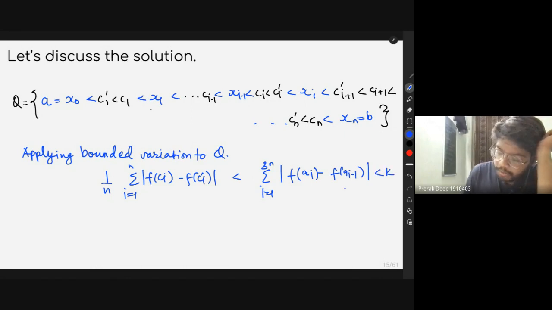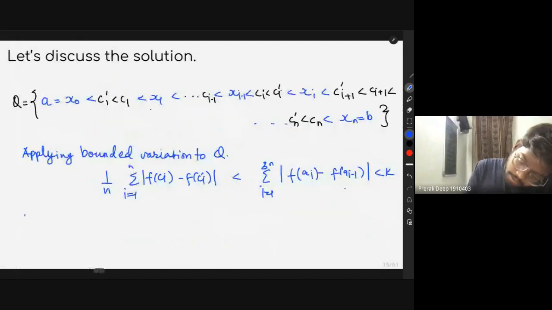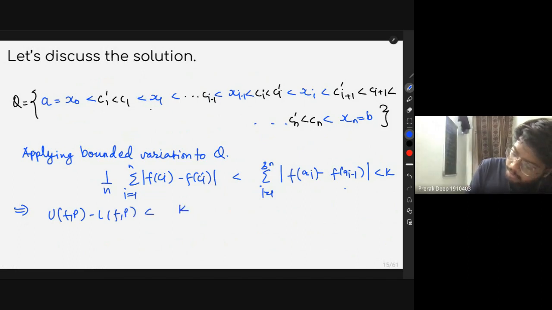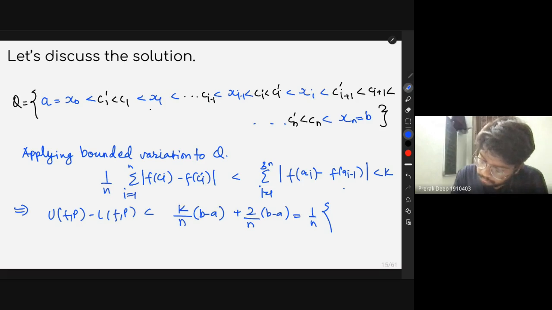And for this, it is smaller than K. So if I use all these notations, it will further imply that UFP minus LFP is smaller than K divided by N times B minus A, plus 2N B minus A, which is nothing but 1 over N times K plus 2 times B minus A.